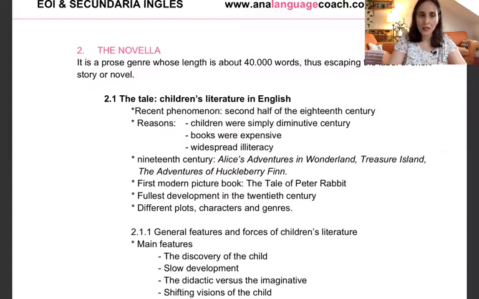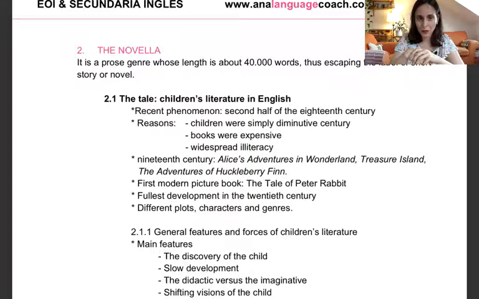Recent phenomenon, second half of the 18th century. Reasons: children were simply seen as diminutive adults, books were expensive, and there was widespread illiteracy. So those are reasons why people were writing tales.